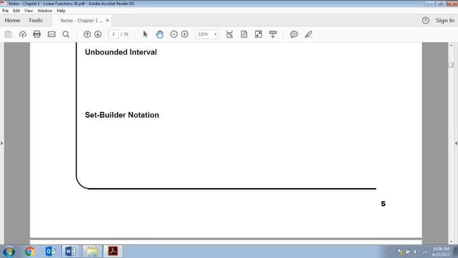Last but not least, set builder notation. Set builder notation is a way to write an interval using symbols to define a set.